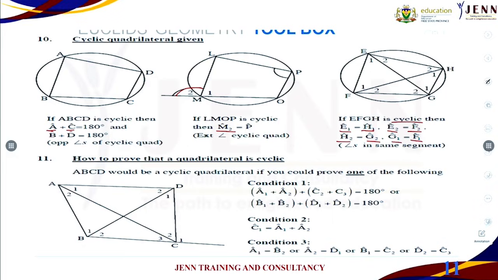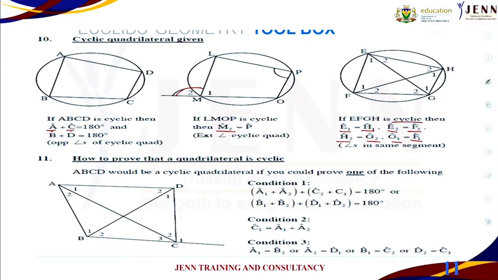These are angles in the same segment. So it is very important to master your toolbox. It will definitely be helpful when it comes to activities, you having a better understanding of circle geometry.